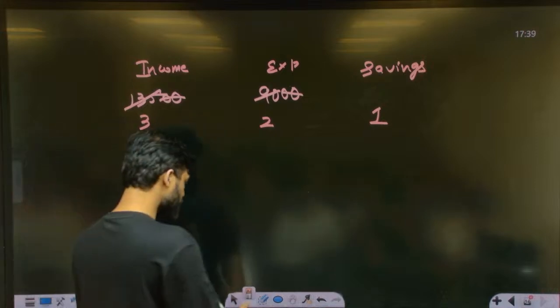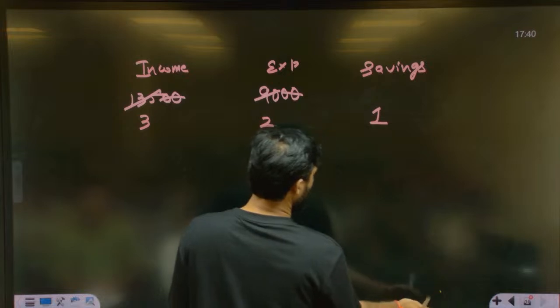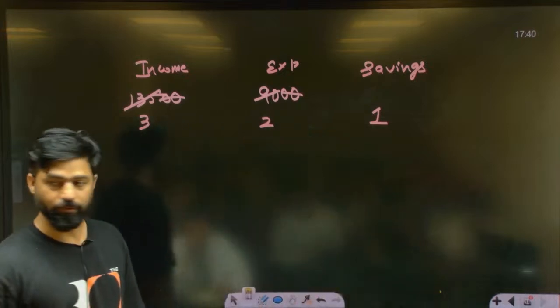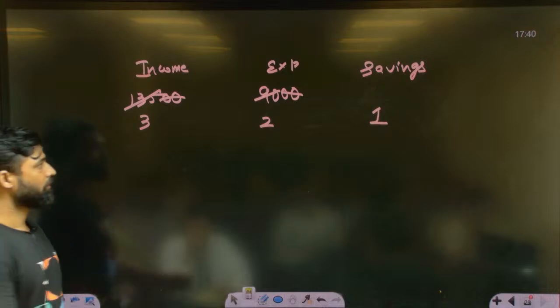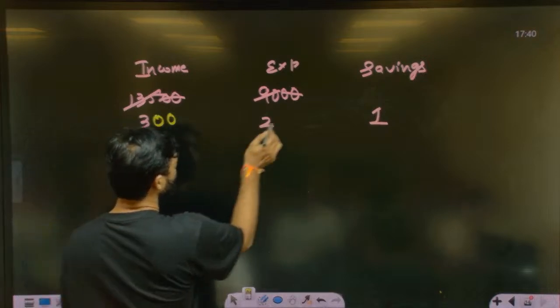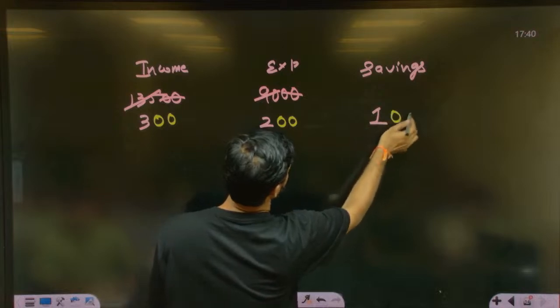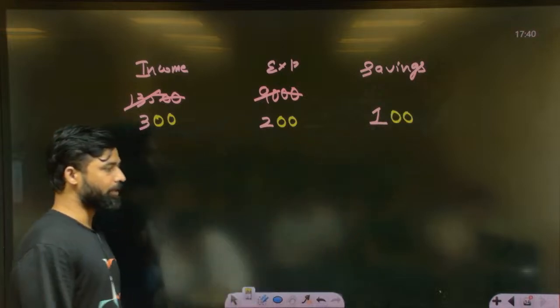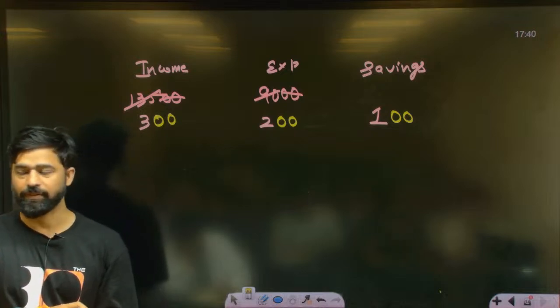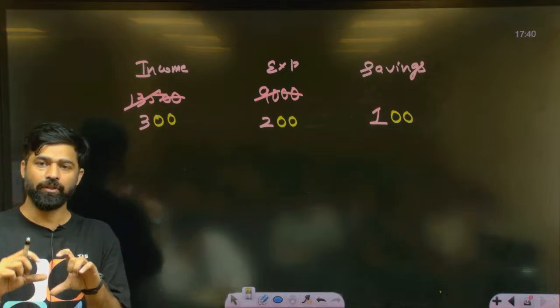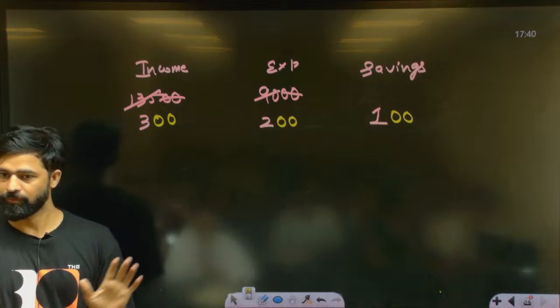Okay. As the numbers are in ratio, we can multiply them by 100. I have not changed the ratio, but we are doing this to make the calculations easy. I just don't want to go into fractions. Understood?